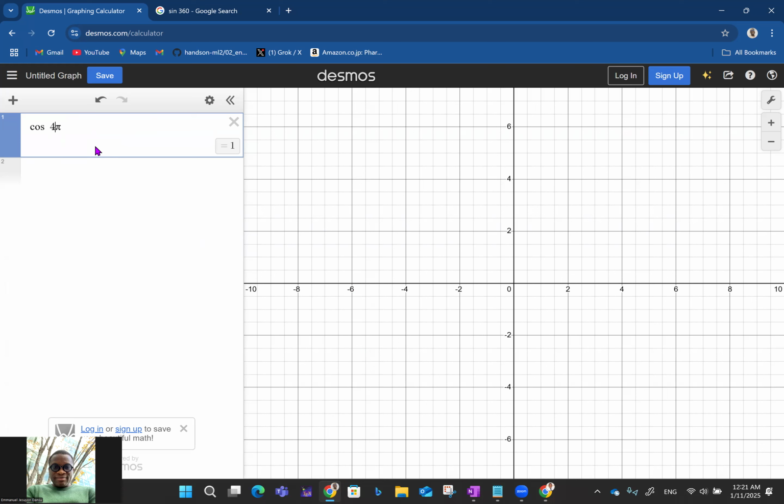So automatically it means 2 pi. 3 pi gives you minus 1, 5 pi gives you another minus 1, 7 pi gives you minus 1. So you discover that from pi to 3 pi, that's 2 pi.